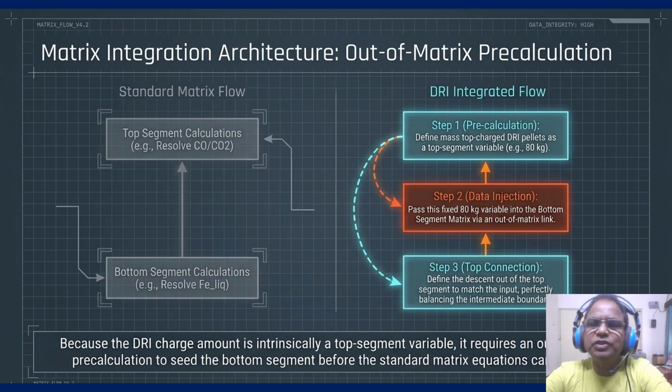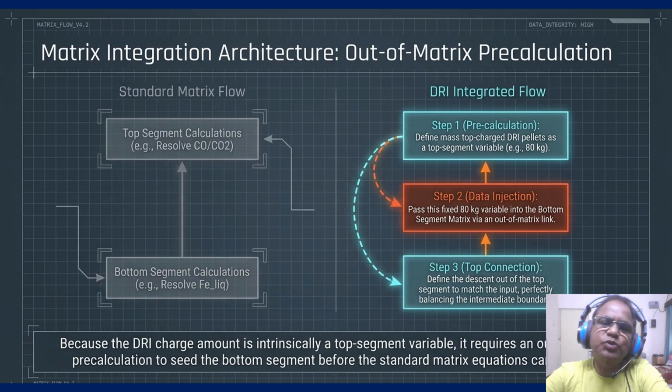To solve this, we use out-of-matrix pre-calculations. We define the top charge DRI quality and quantity, say 80 kilograms, and inject it into the bottom segment matrix as a fixed variable before the standard equations resolve.